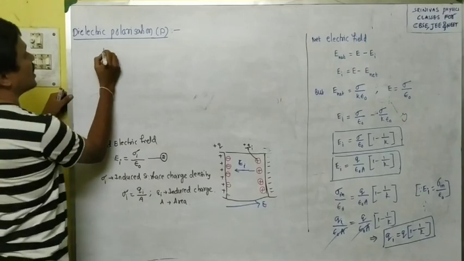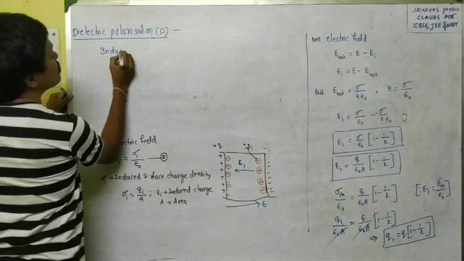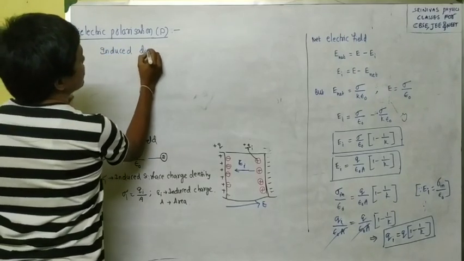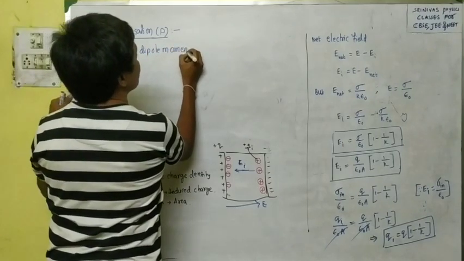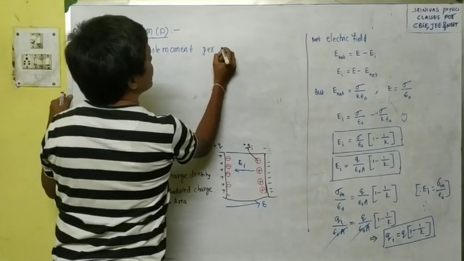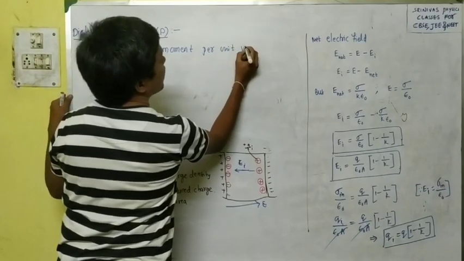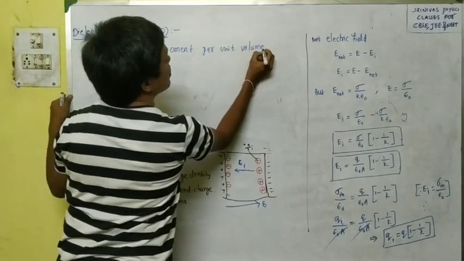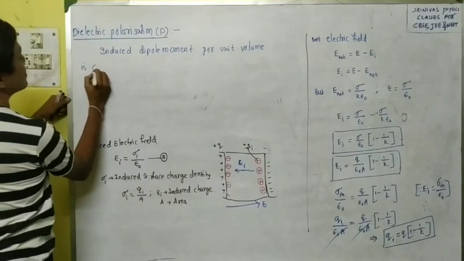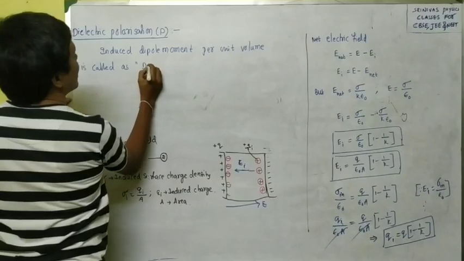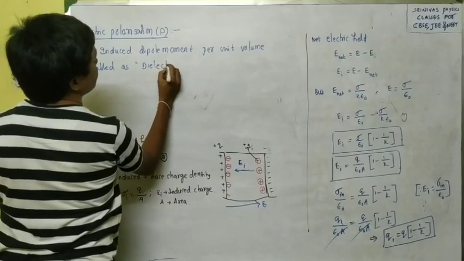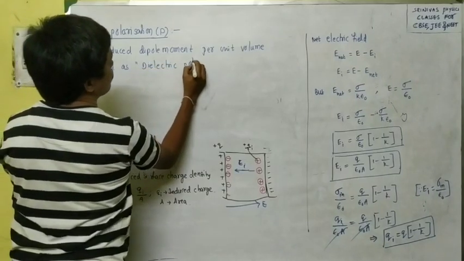Dielectric polarization is the induced dipole moment per unit volume. Induced dipole moment per unit volume is called dielectric polarization.